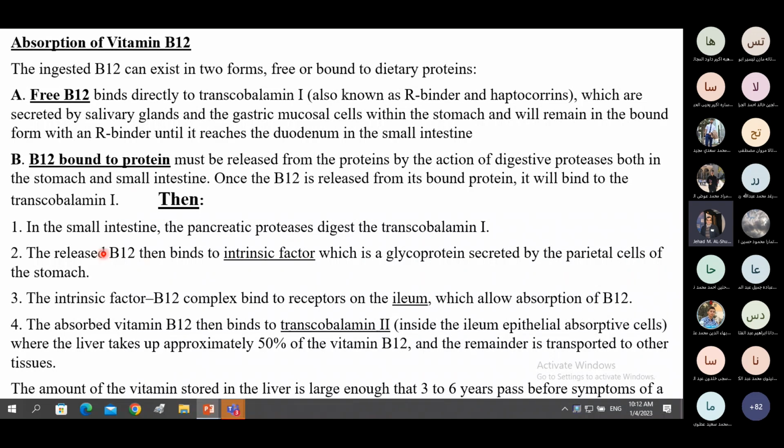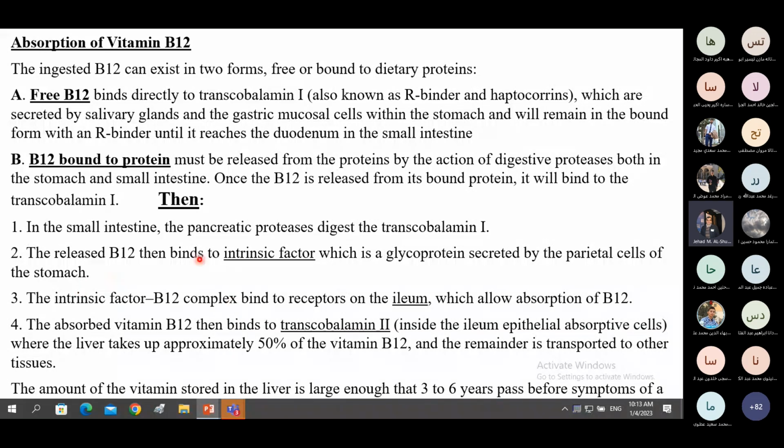Then the free B12, now again free, will bind to intrinsic factor. What is the function of intrinsic factor? For the absorption of B12 in the ileum. Without intrinsic factor, our small intestine can't absorb vitamin B12. As we will see with some diseases, without intrinsic factor, our body can't absorb vitamin B12.